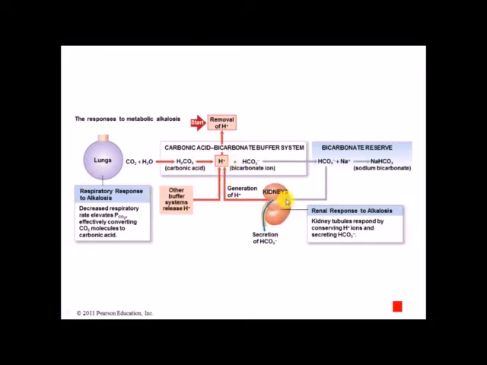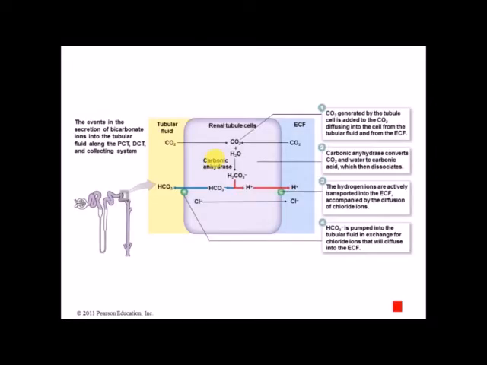We know that the kidneys are going to generate the hydrogen ion that are going to go into the system combined with that bicarbonate, and the bicarbonate is going to go into the bicarbonate reserve, and these hydrogen ions are going to decrease the pH, taking you to a more acidic state.